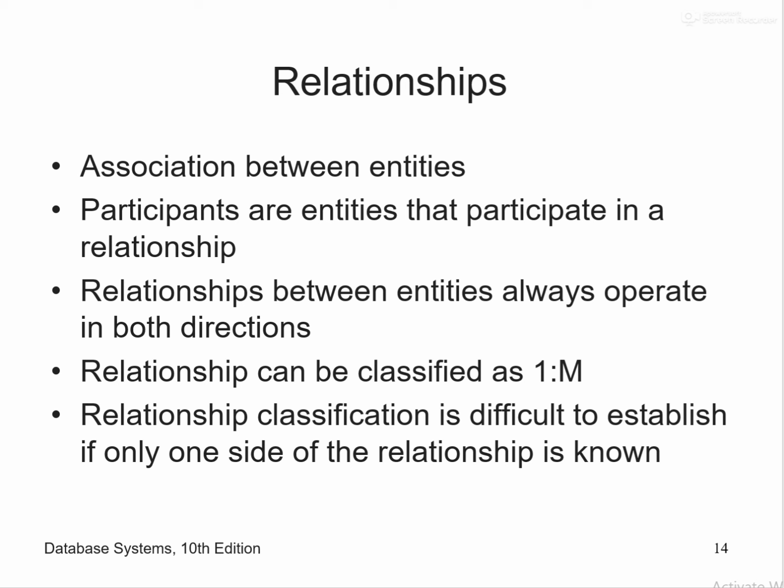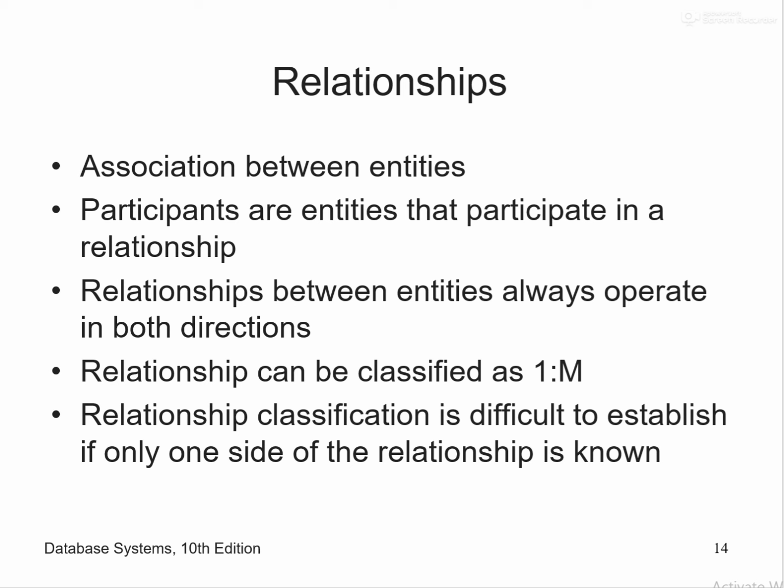And why do we need our relationship to be bidirectional? Because the classification of a relationship decides whether it is one to one, one to many, or many to many.